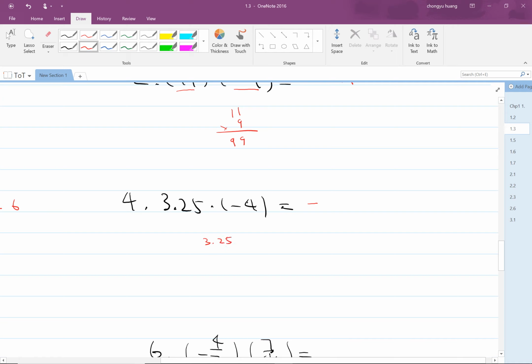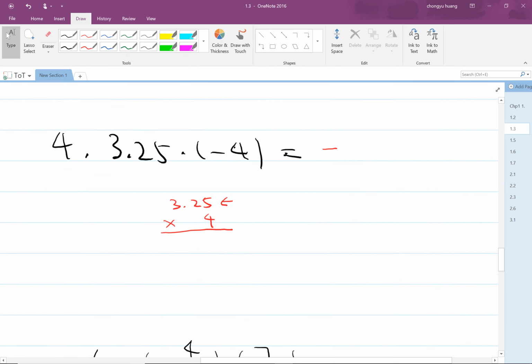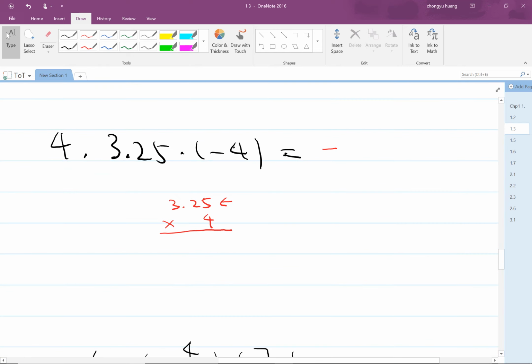Using 3.25 multiplied by 4, 3.25 has more digits but 4 only has one digit, so you always put 3.25 at the top and 4 at the bottom. This makes things easy for you to calculate without a calculator.